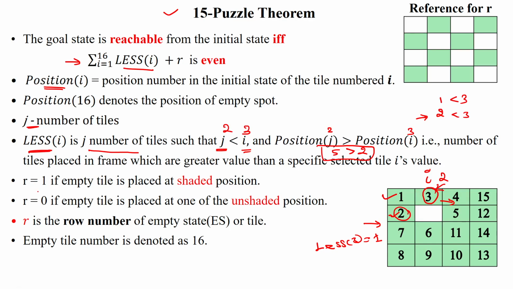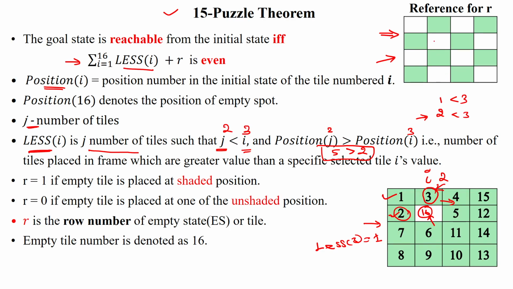Then r equal to 1 here means the empty slot is placed in a shaded position or an unshaded position. How do I identify the shaded and unshaded positions? The reference for r is given there. From this reference frame, we have to identify where the 16th tile, that means the empty slot tile, is placed.